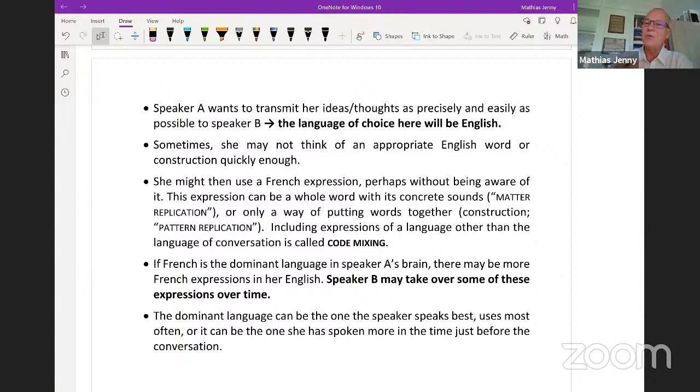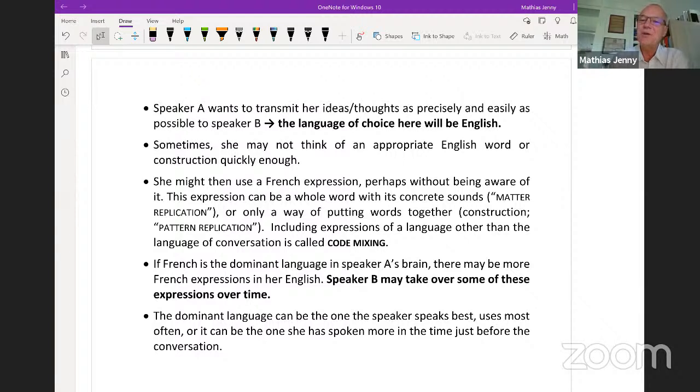And this all happens within a very, very short time. So sometimes when you're speaking, the English word doesn't come to your mind, but the French word comes to your mind first. So speaker A may then just use a French expression without even knowing that she's doing this.